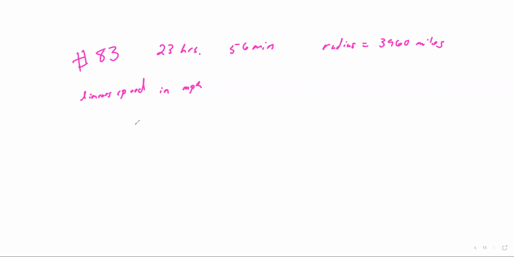All right, so for linear speed, we have V equals S over T, R theta over T, and R W. I don't have anything about angular speed, and I don't want to deal with that anyways. I do have a radius, but I don't have a theta. Well, you know what? I kind of do. I could find my arc length, which will be radius times theta. My radius is 3,960.